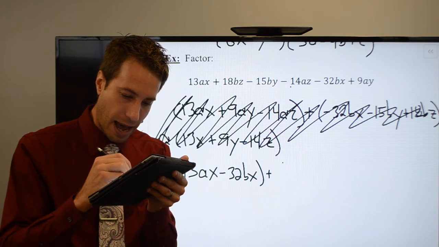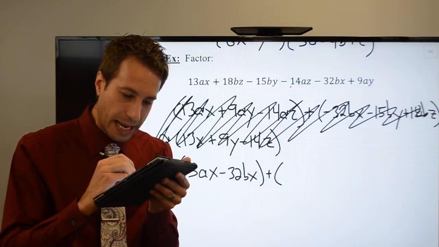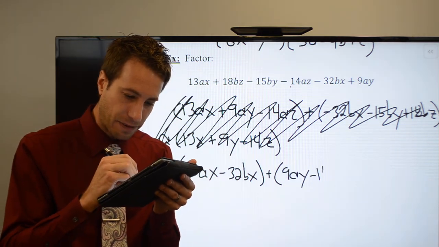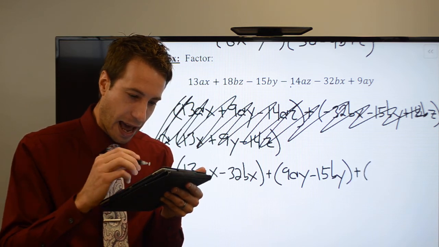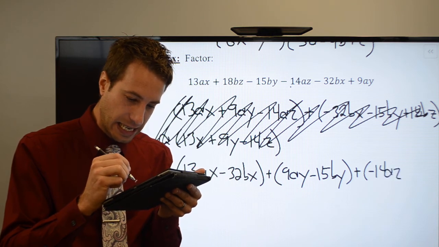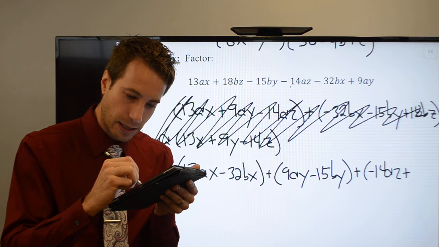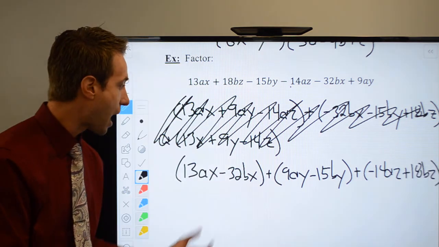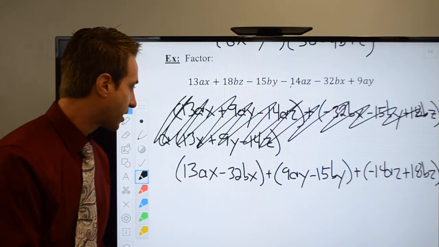And then I'm going to have 9AY minus 15BY. And then I'm going to have minus 14AZ plus 18BZ. Okay, so here we go. Now I've grouped together the X's, the Y's, and the Z's. Let's try pulling that stuff out.